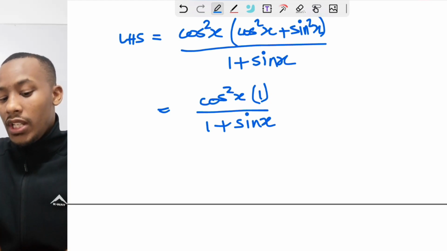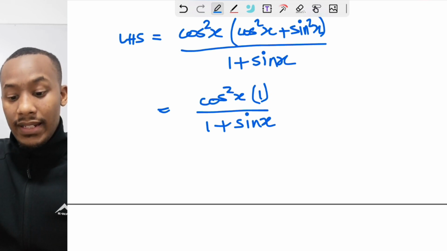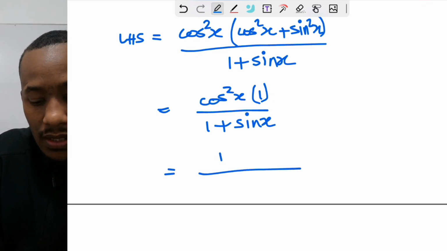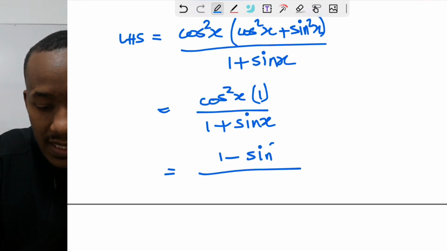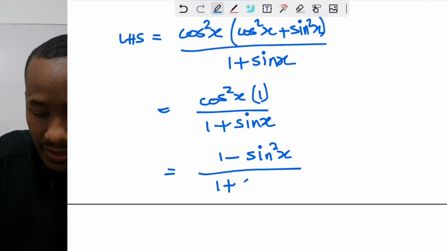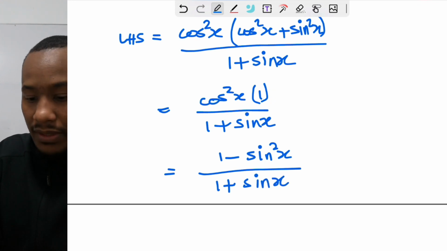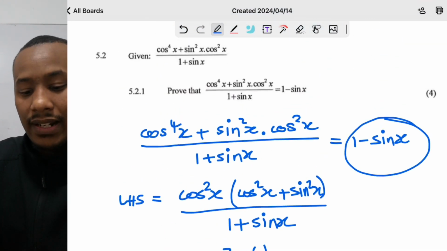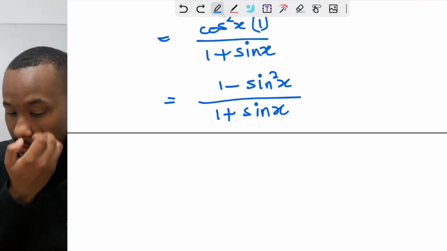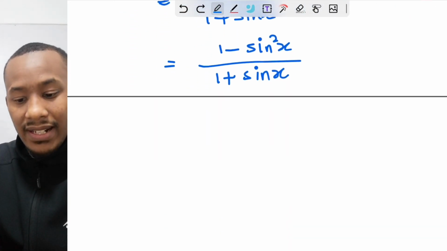I'm now going to change the cos squared x into an identity. The identity for cos squared x is 1 minus sine squared x. Still, our left-hand side is not yet looking like this right-hand side. So what do we have to do here? Factorize again.